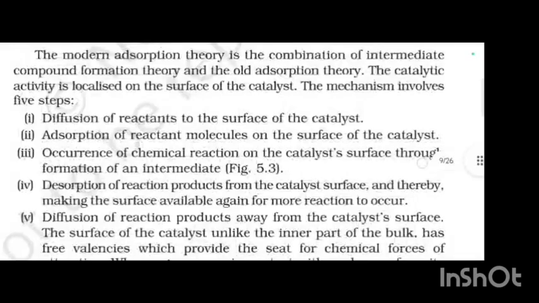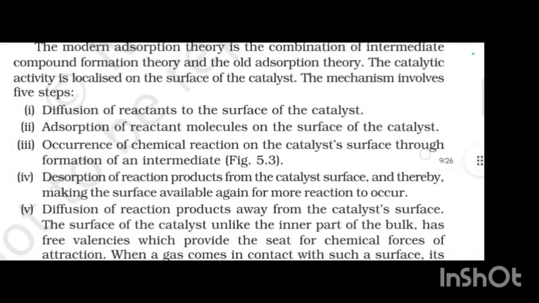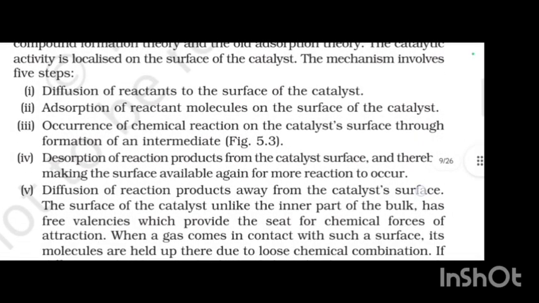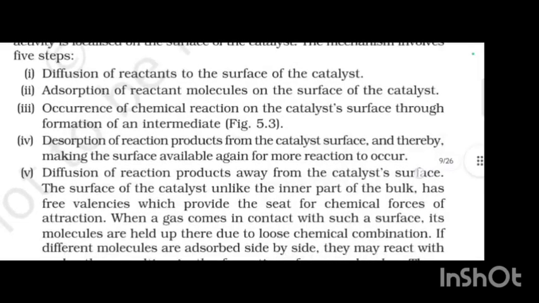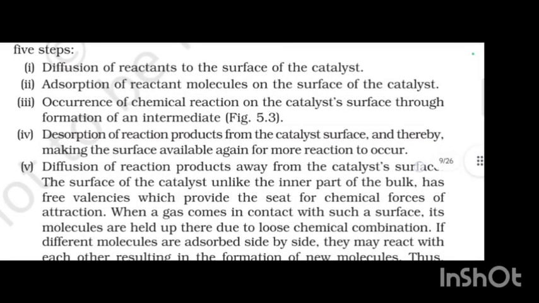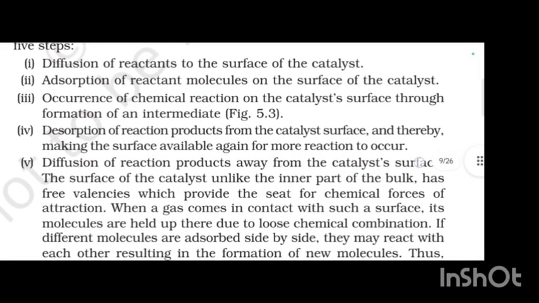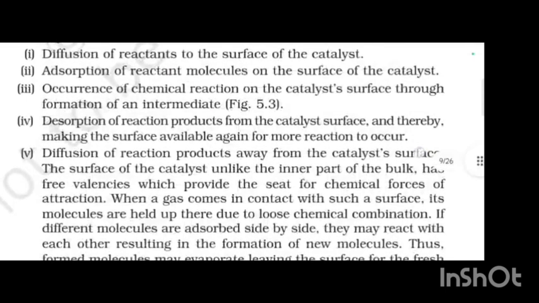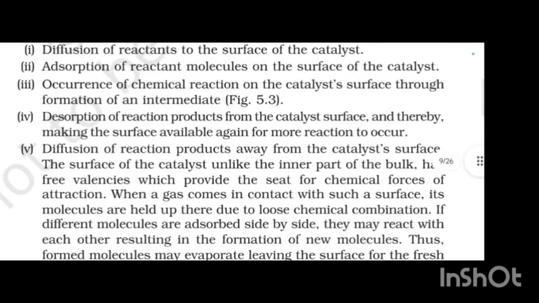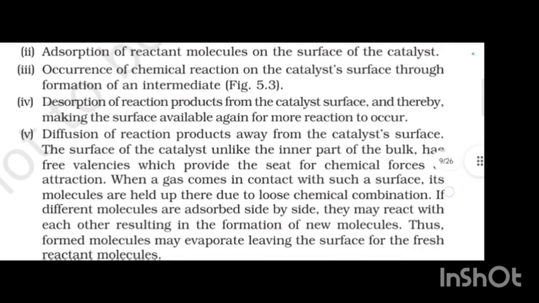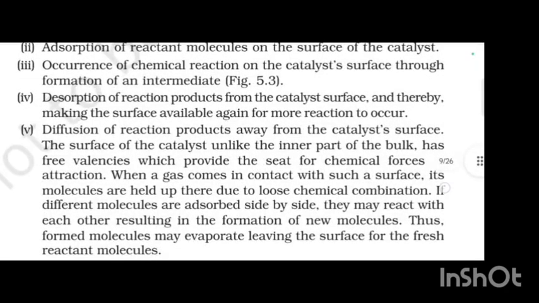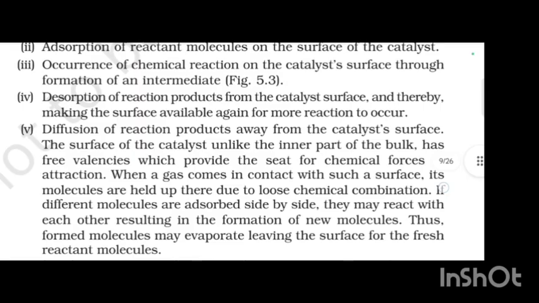The catalytic activity is localized on the surface of the catalyst. The mechanism involves 5 steps. First, diffusion of reactants to the surface of the catalyst. Second, adsorption of reactant molecules on the surface of the catalyst. Third, occurrence of chemical reaction on the catalyst surface through formation of intermediate, figure 5.3.